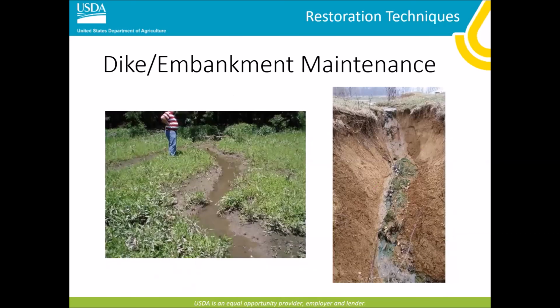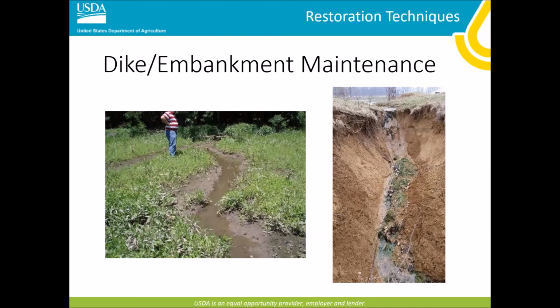Don't get me wrong, not all dikes are bad, but most of the time they aren't very good. It takes a lot of planning, a lot of design oversight, and you can't forget long-term maintenance is needed to make these embankments effective. You can see the picture here of this gentleman. He's got his hands on his hips. He's upset.